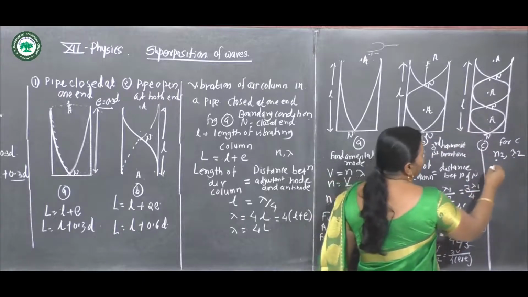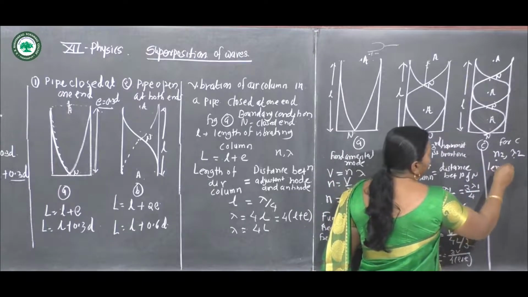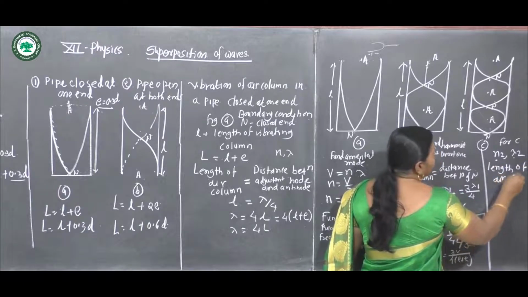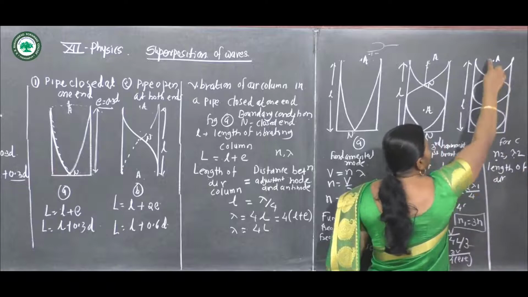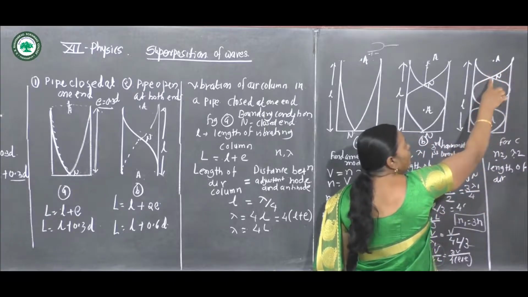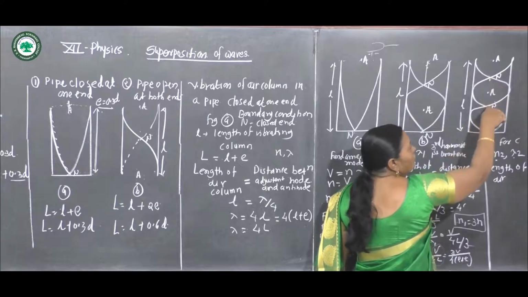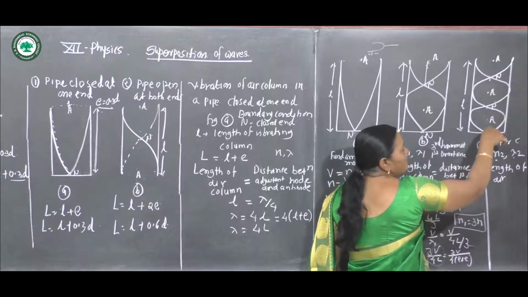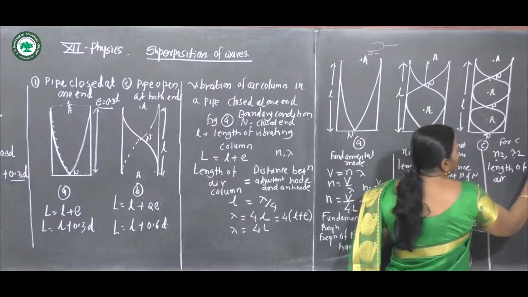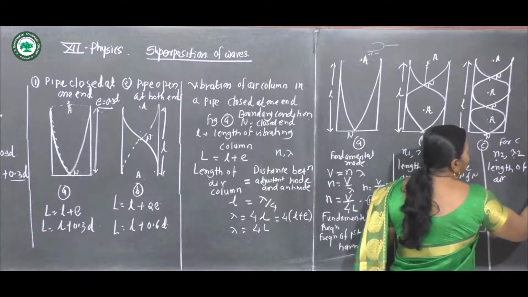The length of air column is equal to the successive distances, that is the distance between antinode and node, the distance between node and node, and the distance between successive nodes. Now this distance is lambda 2 by 4.